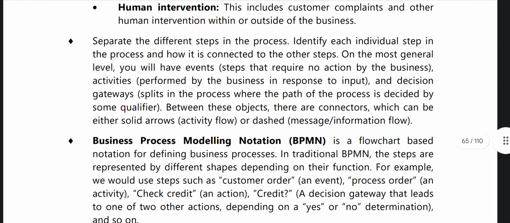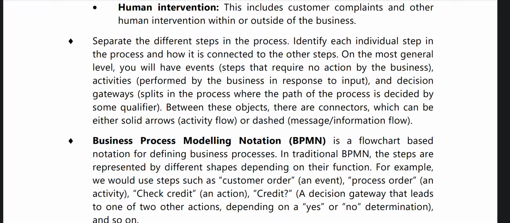Next, we separate the different steps in the process, that is, the steps to be included in the flowchart. Identify each individual step in the process and how it is connected to the other steps. At the most general level, you will have events, steps that require no action by the business, in the sense automated activities performed by the business in response to input.